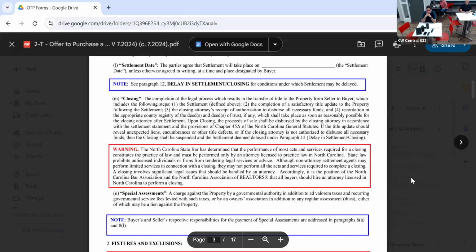Well, then we need to go to paragraph 12 to understand what happens if we don't close on April the 30th. M just defines what closing is. The red box just says it must be performed by an attorney that is licensed to practice law in North Carolina.